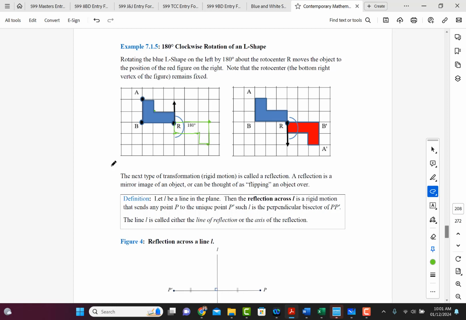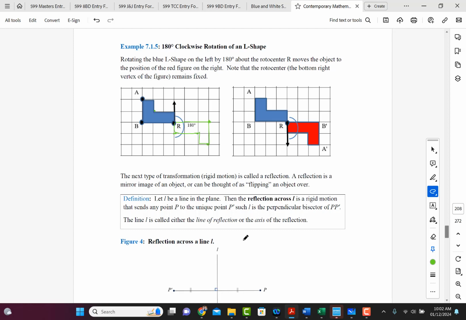Then the reflection across L is a rigid motion that sends any point P to a unique point P prime such that L is the perpendicular bisector of the segment PP prime. The line L is called either the line of reflection or the axis of reflection.